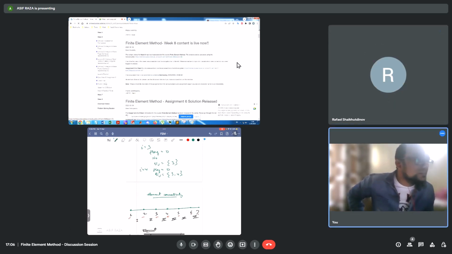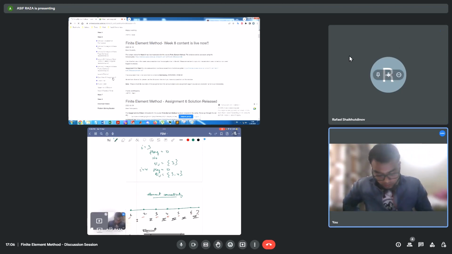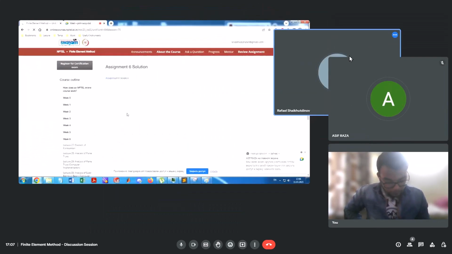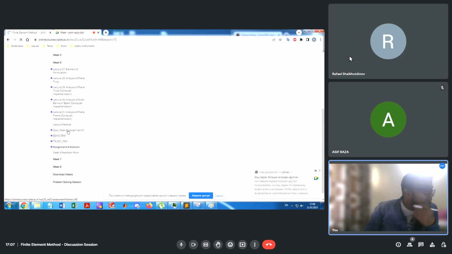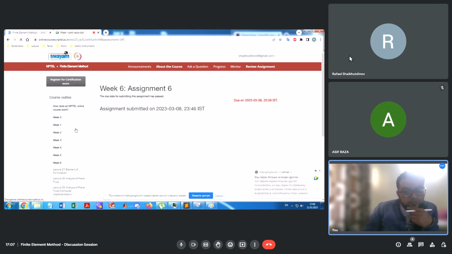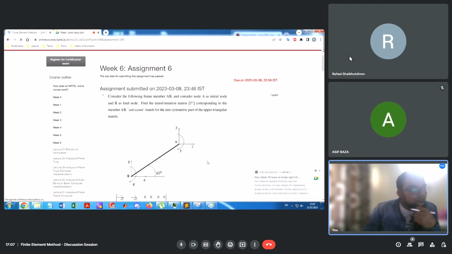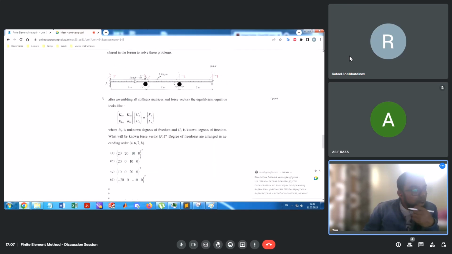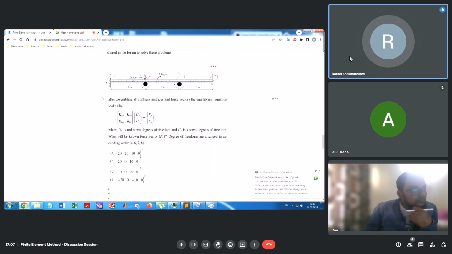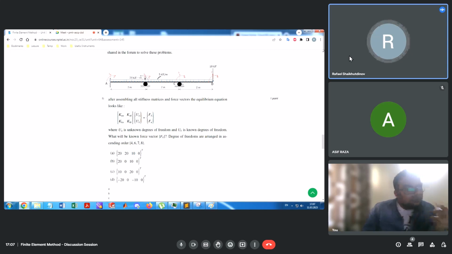Yes. Let me explain. I thought that 20 kilonewtons per meter is the Q for the first section, and 5 kilonewtons per meter is for the second and for the third. I thought this Q is different for each element.